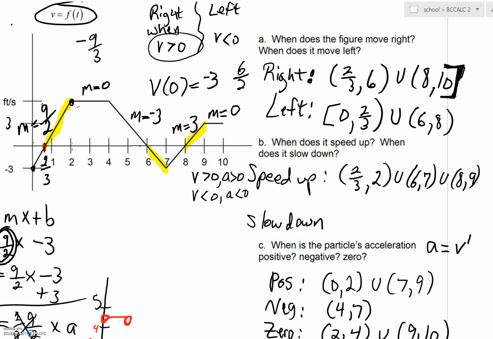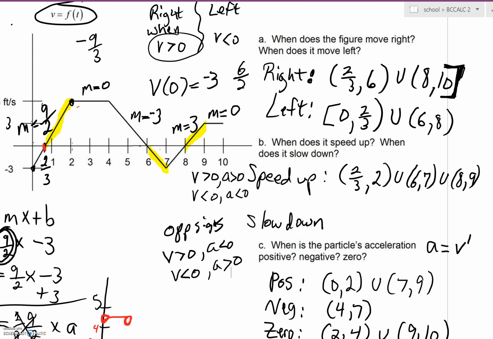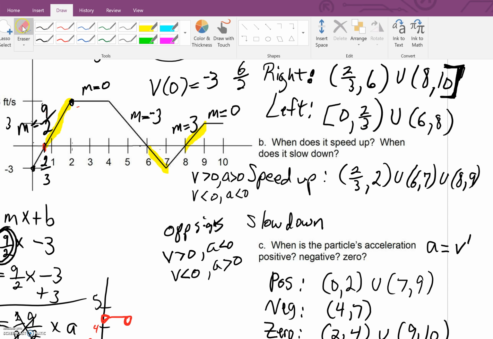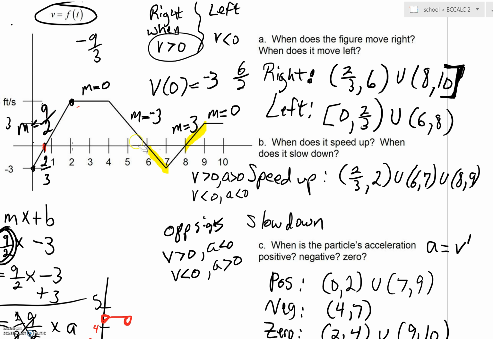How about when you're slowing down? You're going to have v and a opposite signs. In other words, you'd want v to be greater than 0, but a to be less than 0. You'd want v to be less than 0, and at the same time, a to be greater than 0. So let me just get an eraser and clear off those highlights and investigate first.